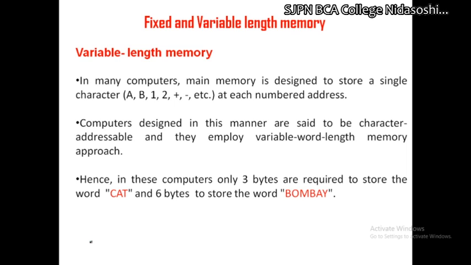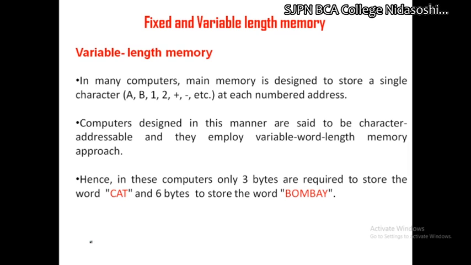In fixed word length, they store words. Here we can store a single character in each cell, like A, B, 1, 2, or special characters like addition, subtraction, plus, minus, hash, at. So, these are the characters.